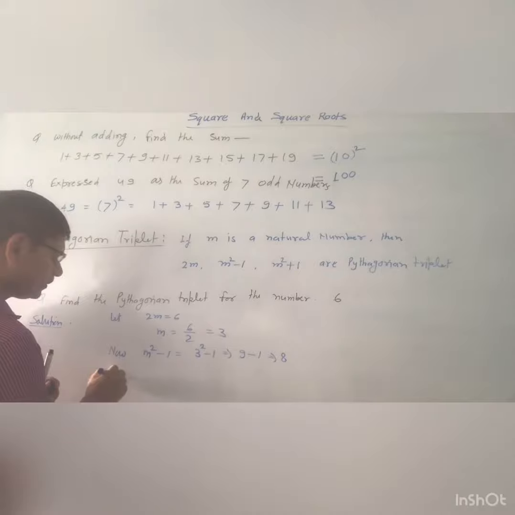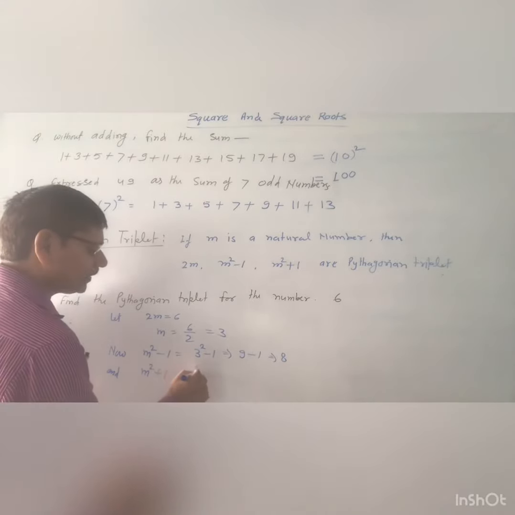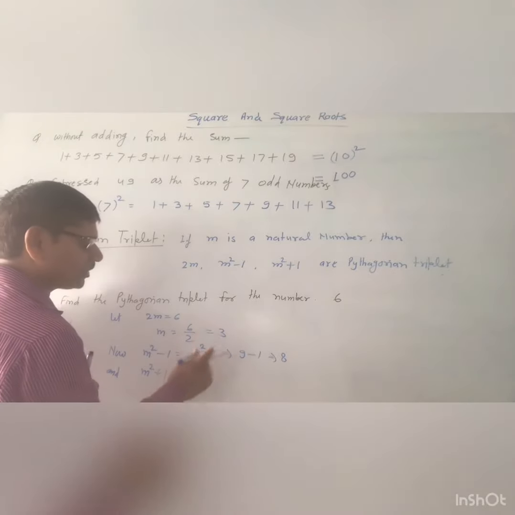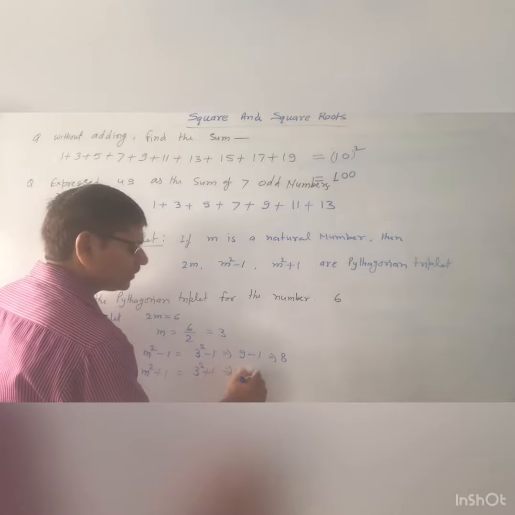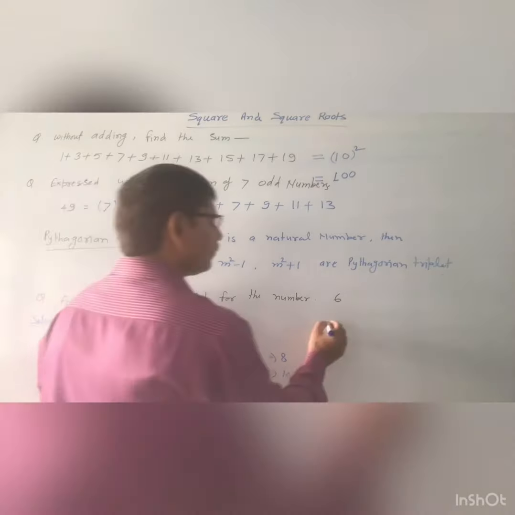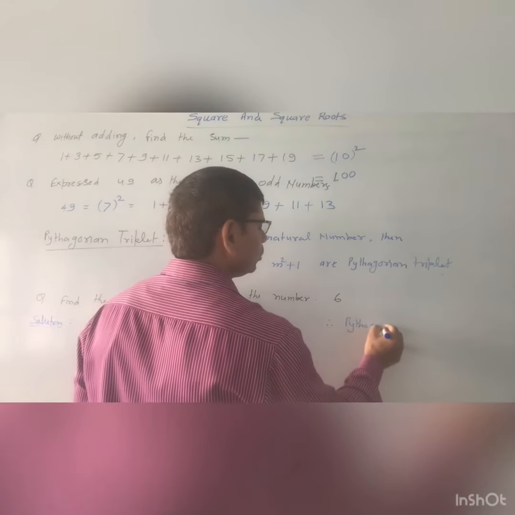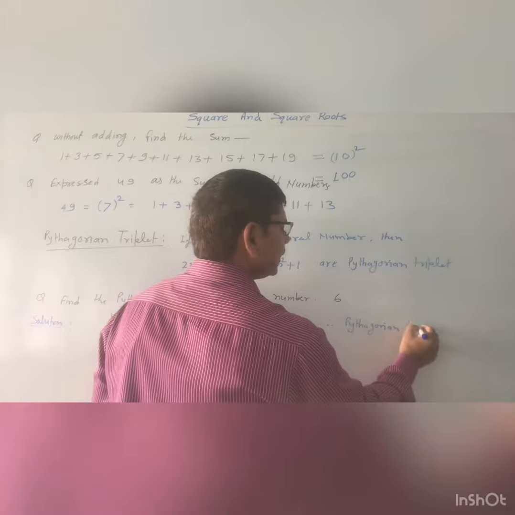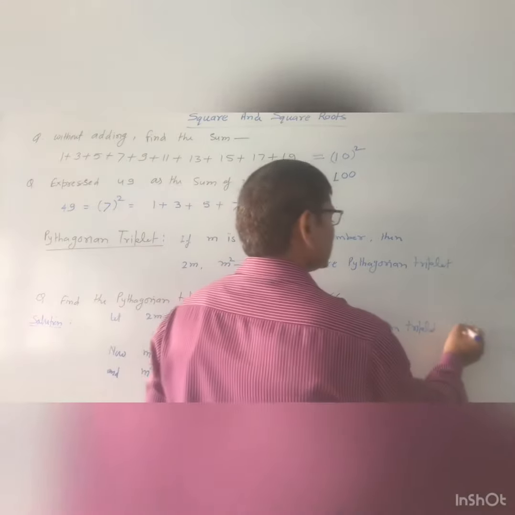And m square plus 1. So m is 3, 3 square plus 1. This gives 9 plus 1, that means 10. Okay. Therefore the Pythagorean triplet will be 6.